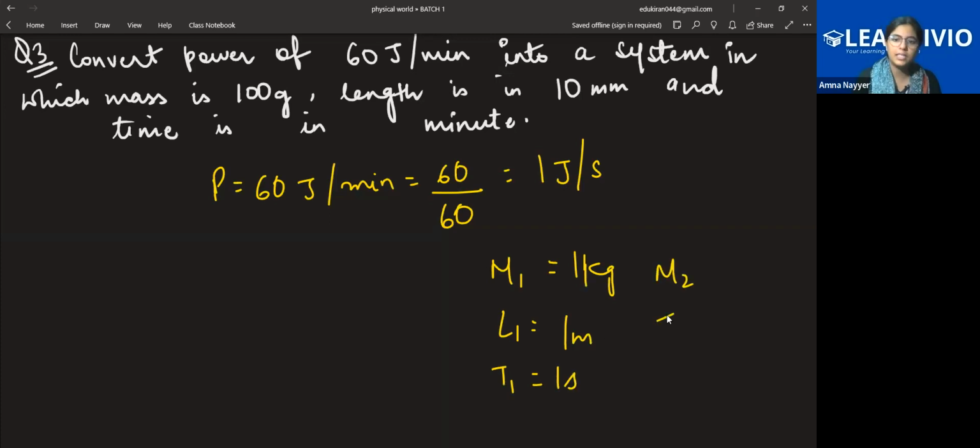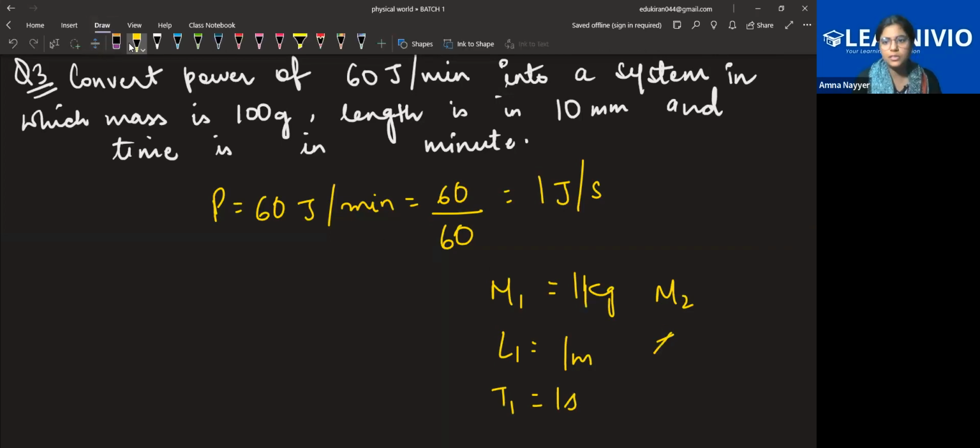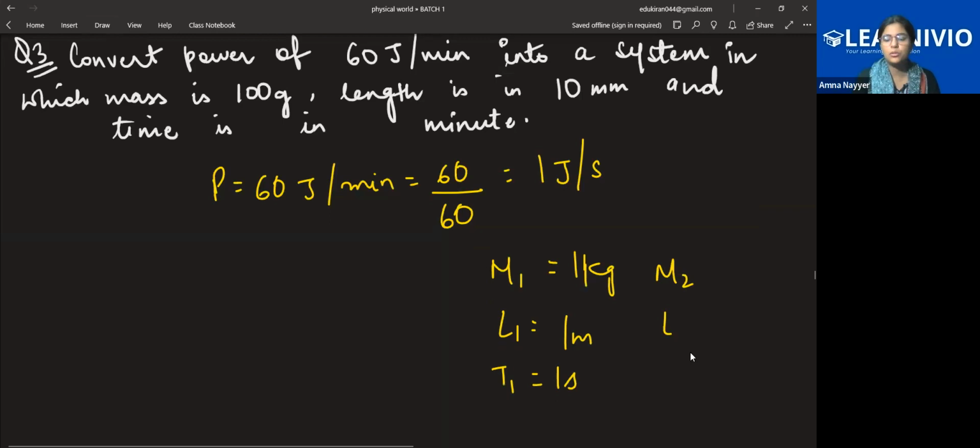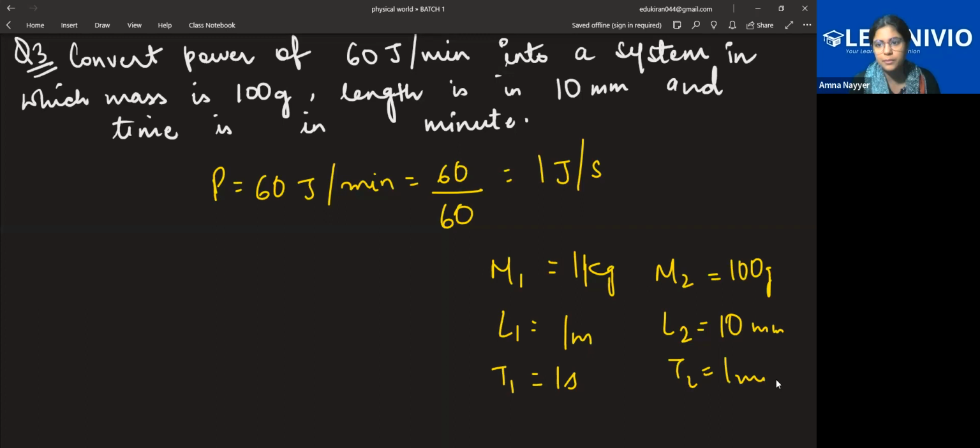Now in our new unit, M2, L2, T2. This is 100 grams. Length is 10 millimeters and time is 1 minute. So this is now the conversion. These are the values of M1 and M2 which you have to follow.